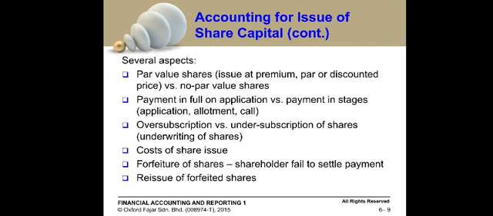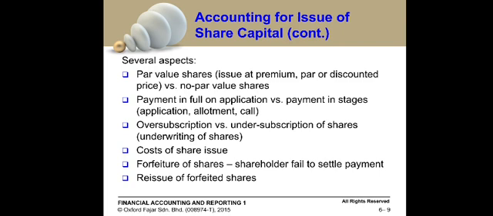So most of the time, if there is an undersubscription, the company will have a party that we call underwriters. Underwriters are the party that promises to purchase the undersubscribed shares.